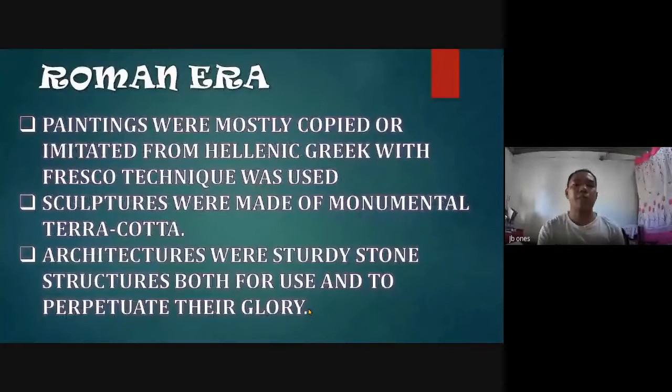So proceed to the Roman era. Their paintings were mostly copied or imitated from Hellenic Greek, with the fresco technique used. So in their painting, they just copied the Greek style, but they used a different technique, which is the fresco technique.